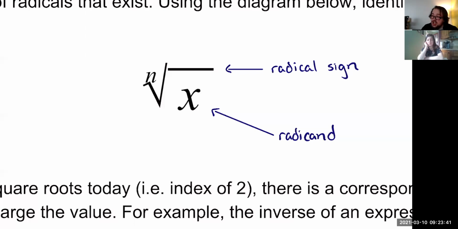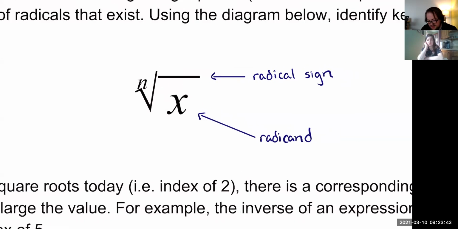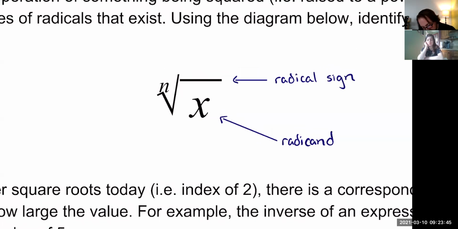Now, the piece that is new, the piece that we haven't specifically addressed, is this little value here, which is being denoted by n. This is what's known as the index.